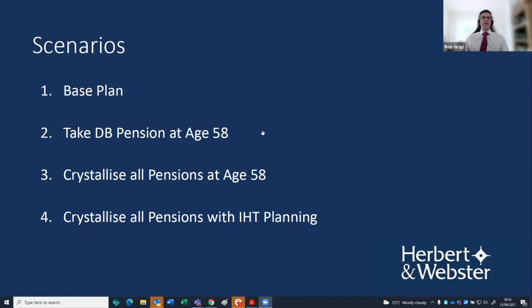We then looked at taking the defined benefit pension at age 58, deferring his other pensions. We looked at crystallising all of the pensions at age 58. And then I ran another plan for him, which was to crystallise all of his pensions, but also start to put some inheritance tax planning in place.